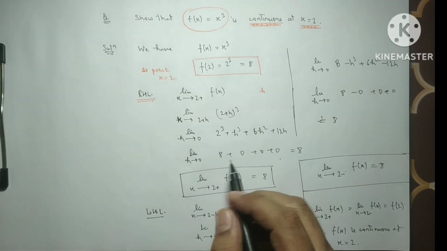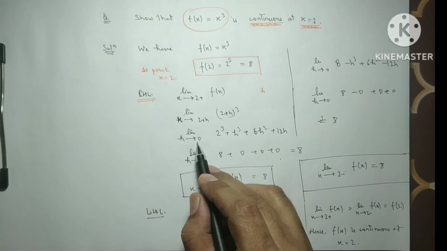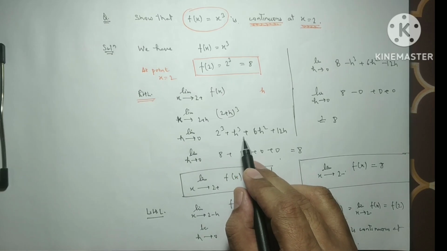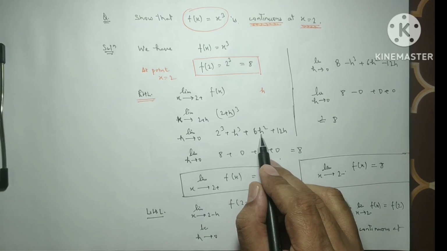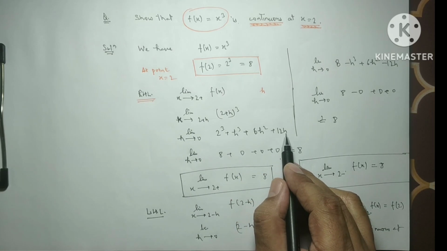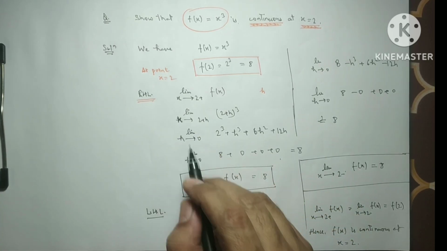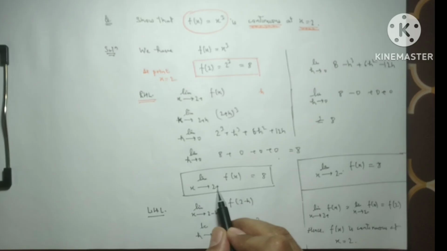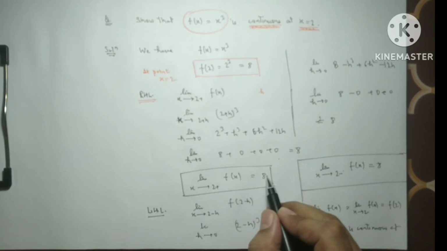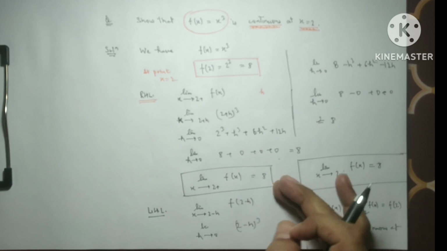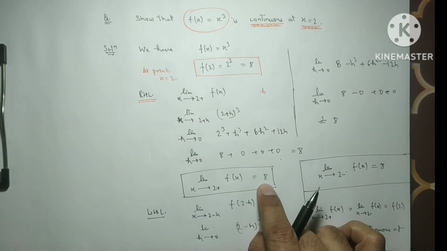When we apply h tends to 0 in this expression, the terms with h will be 0, and this is also 0. So we have only 2 cube, that is 8. So the value of the function at 2 plus h, or you can say 2 plus, will be 8. So on the right hand limit we get again the value 8.